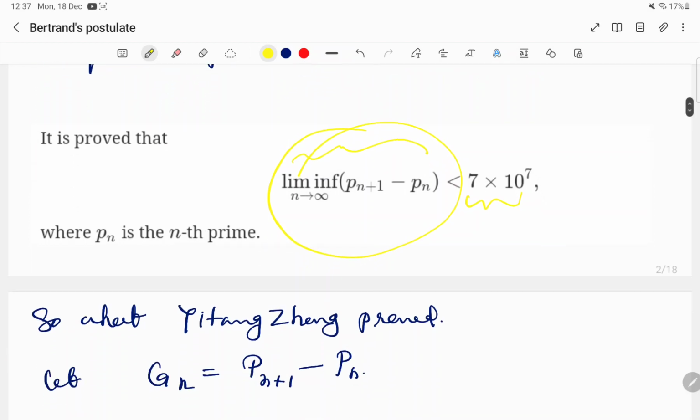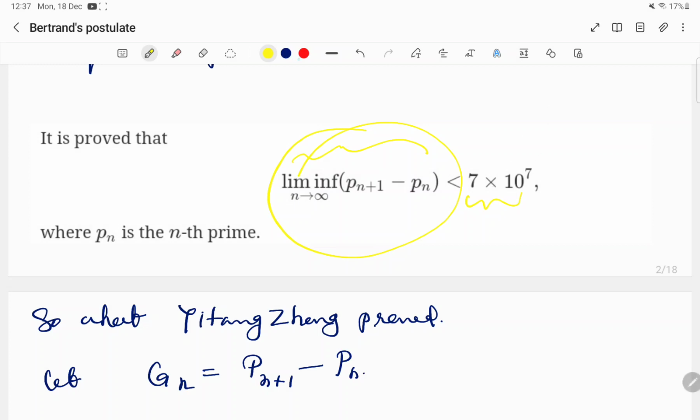Yitang Zhang proved that there are infinitely many pairs of consecutive primes whose gap is less than this number.